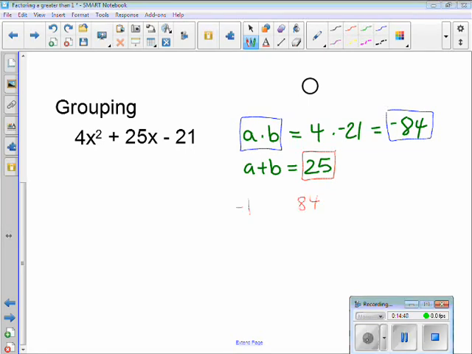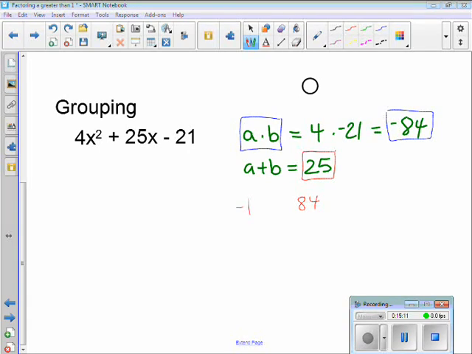For right now, it doesn't matter where my negative is, okay? So we'll just put it over on the 1. But when I multiply these together, I certainly get negative 84. But negative 1 and 84 are just too far apart to be 25 units when you add them together, right? Since it's a difference, that will never come close to 25.